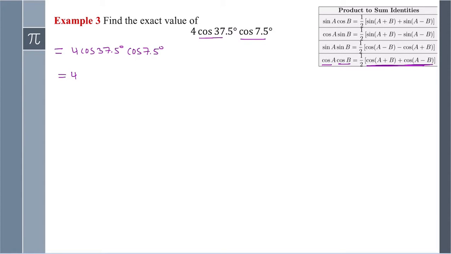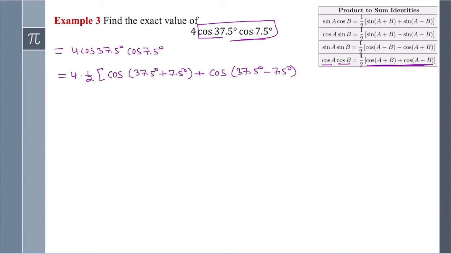Then just for this part, we have 1/2. So the 4 times 1/2, and then we have cosine A plus B, which means 37.5 degrees plus 7.5 degrees, and then plus cosine A minus B, which means 37.5 degrees minus 7.5 degrees.